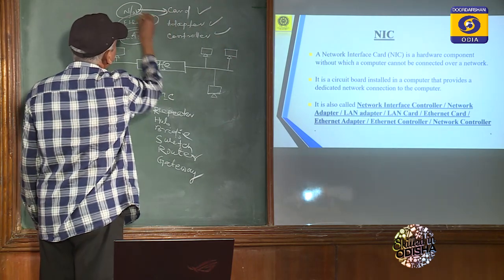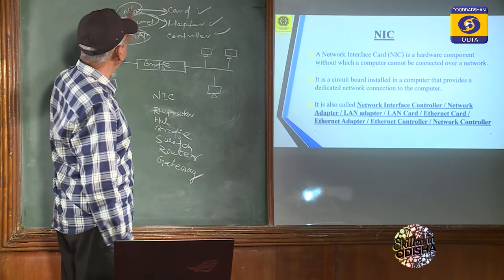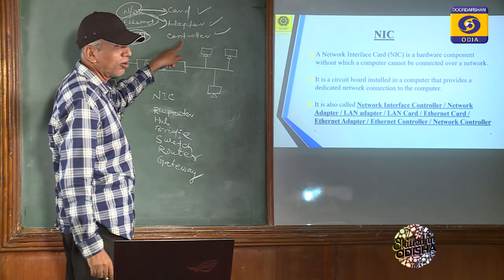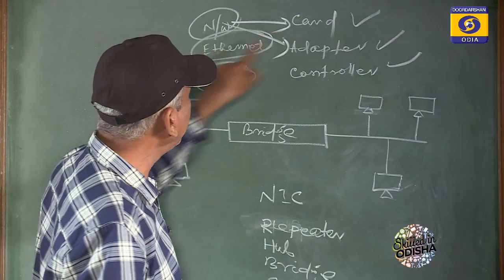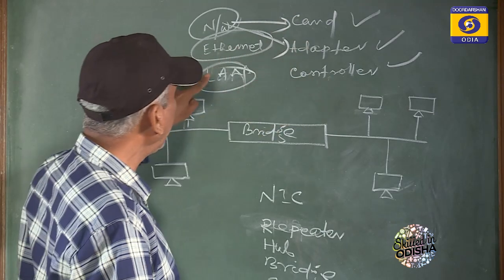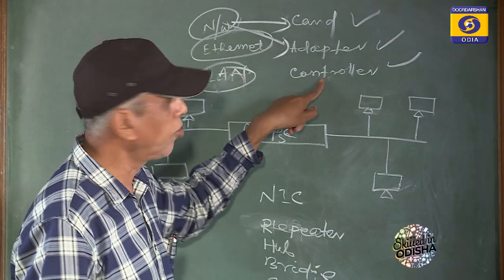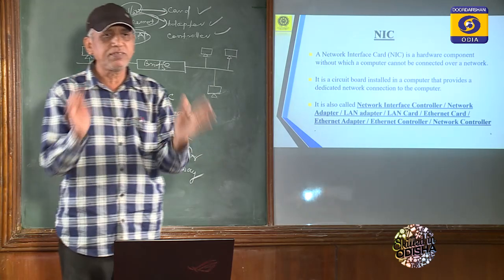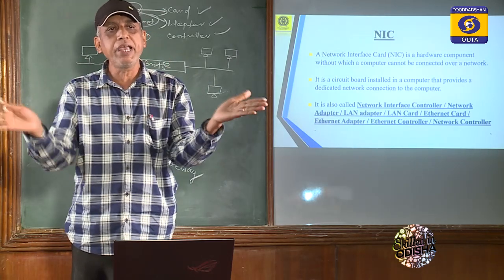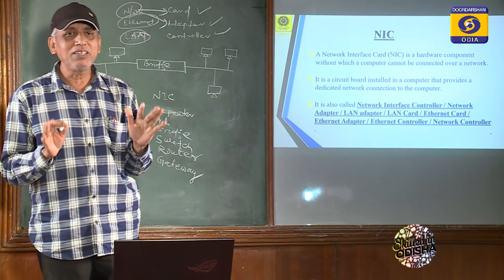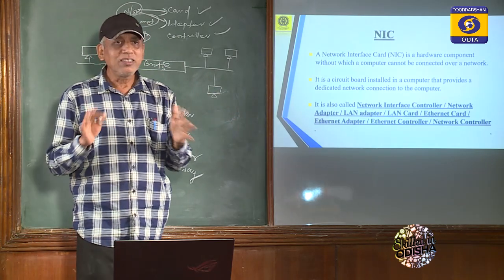Network card, network adapter, network controller. Or Ethernet card, Ethernet adapter, Ethernet controller. Or LAN card, LAN adapter, LAN controller. So these are alternative names, the same component with different names. It is easier to learn these things.